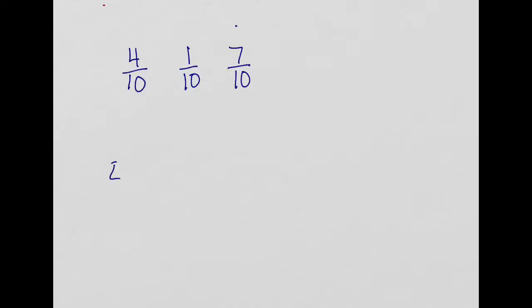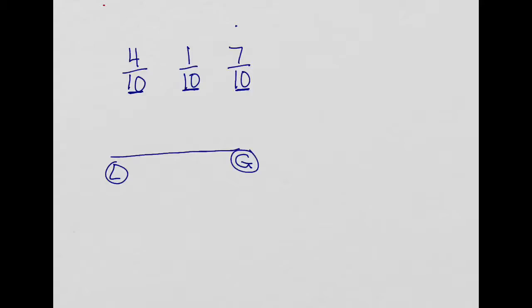Okay, so now we're going to order our fractions from least to greatest. I'm going to put an L here for least, and then we're going to go to the greatest over here. So the first thing you want to look at is how many pieces the whole was cut into. In this case, they were all divided into 10s. We call them tenths. Okay, so now we just need to look at the numerator. That's the top number.